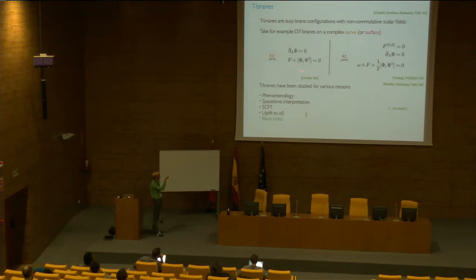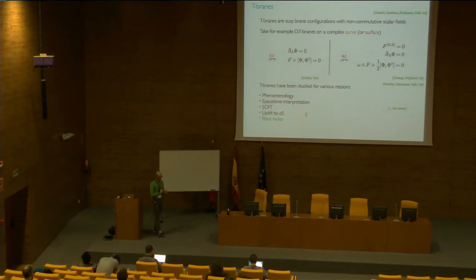In the first case, you have these supersymmetry equations, which were found by Hitchin in the 80s. In the 4-dimensional case, you have this system that was done by Donagi-Wijnholt and Beasley-Heckman-Vafa in 2008. Since the introduction of T-branes, they gained a lot of interest in the literature. There's a lot of literature on this, and various aspects have been studied. They were used for phenomenology.